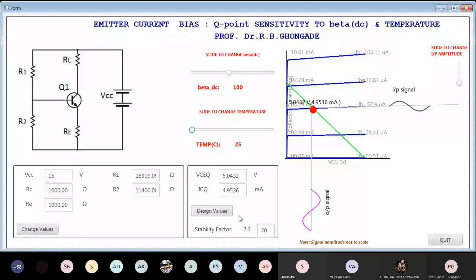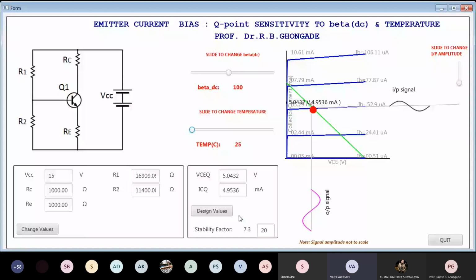We don't want it to be in the center of the load line. So that is where we can use the fixed current bias, when the transistor is used as a switch. All right, any doubts, any questions up to this point?